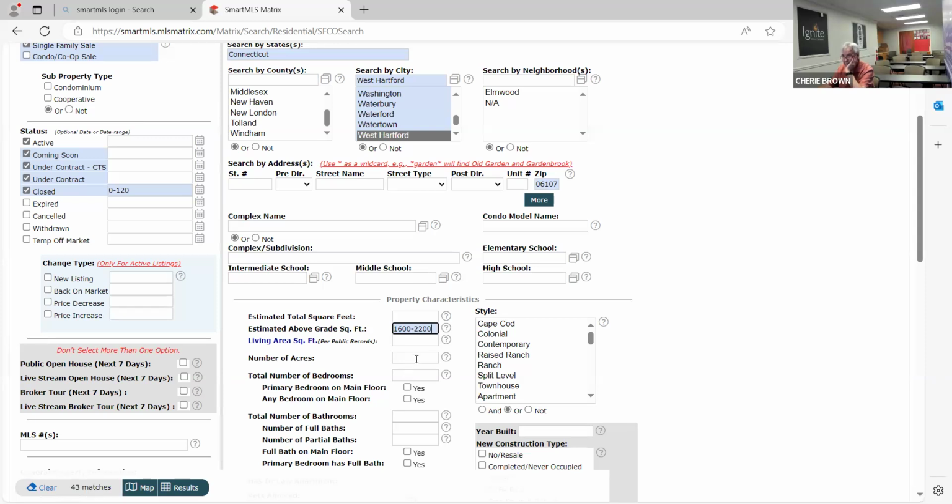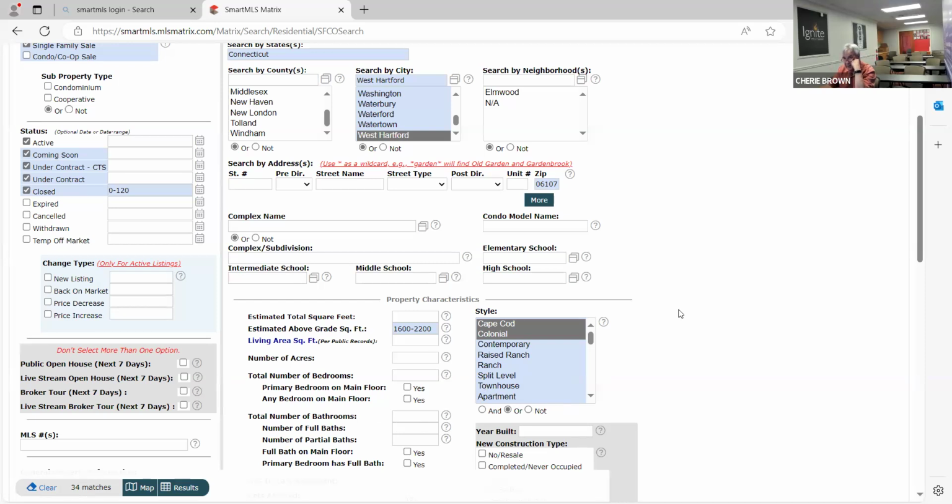So I'm looking at square footage, and I might strictly look at Capes and Colonials, because they're both 2-floor living, main level, upper level, very similar in style. So choose those two, which I could also not choose, depending on how many properties end up coming up.